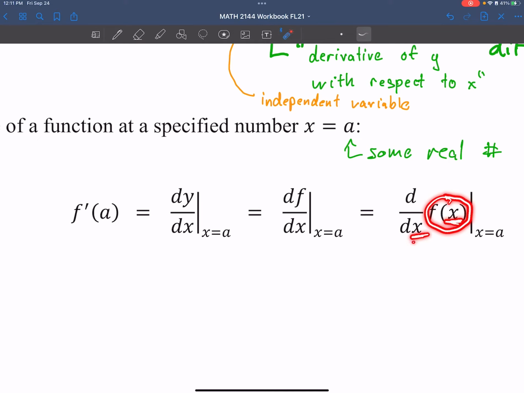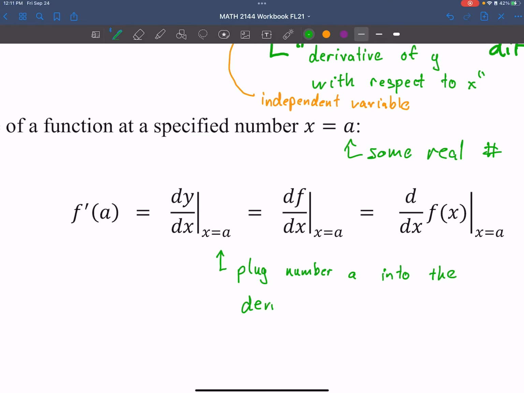You can see right there, there's the x, it matches as your variable, as the input. So this vertical bar with x equals a at the bottom is just saying, plug the number a into the derivative. That's what that is saying.